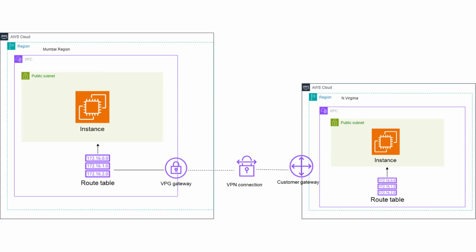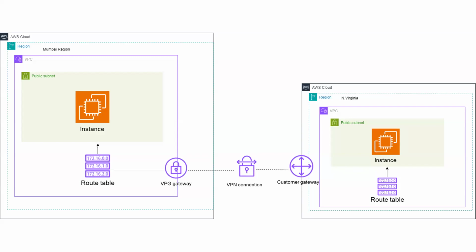Specifically, the architecture showcases a VPC with two public subnets, one in the Mumbai region and another in the North Virginia region. Each subnet has an instance launched within it, and there is also a route table associated with each subnet. The route table for the public subnet in the Mumbai region is configured to use the VPN connection to route traffic to the internet.